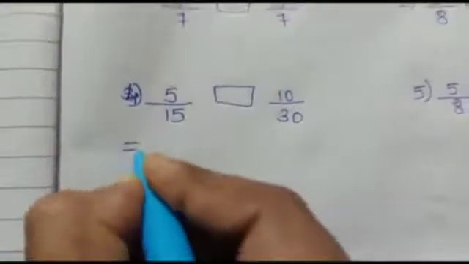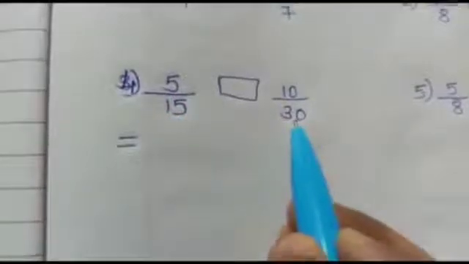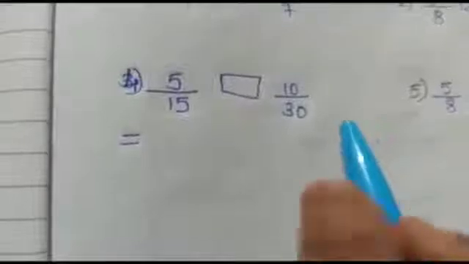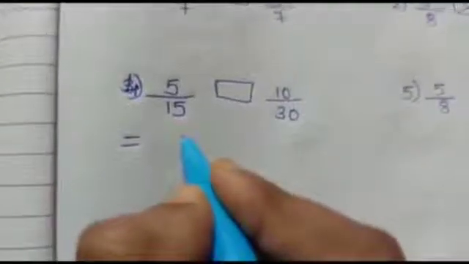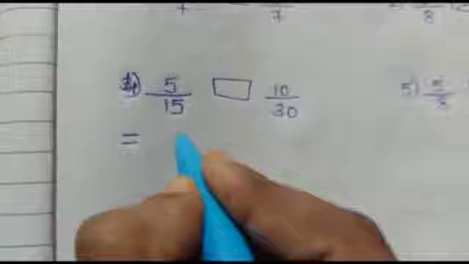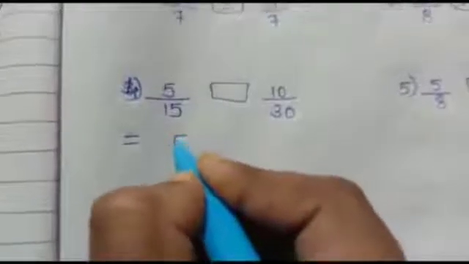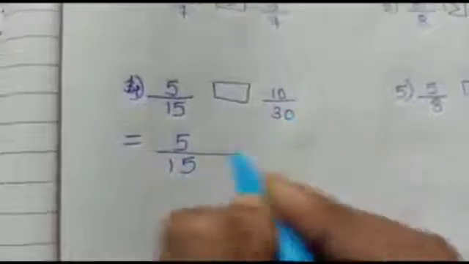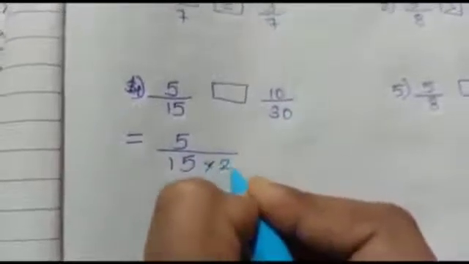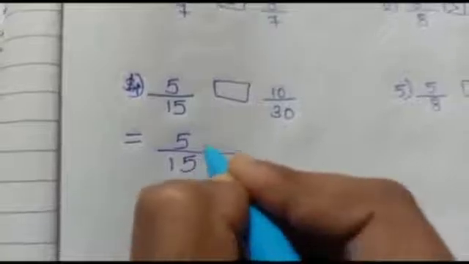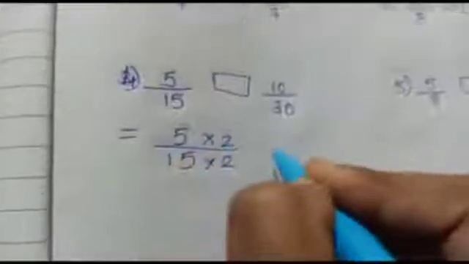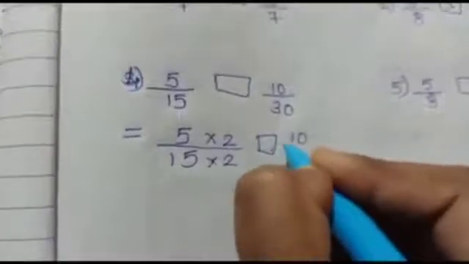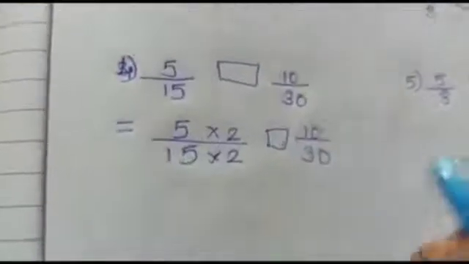So first, here it is 15 and here it is 30. Now is 30 coming in the table of 15? How many times? Yes, that is 2. 15 twos are 30. So for 5 upon 15, we'll take 15 multiplied by 2, and here 5 multiplied by 2, and 10 upon 30 as it is.